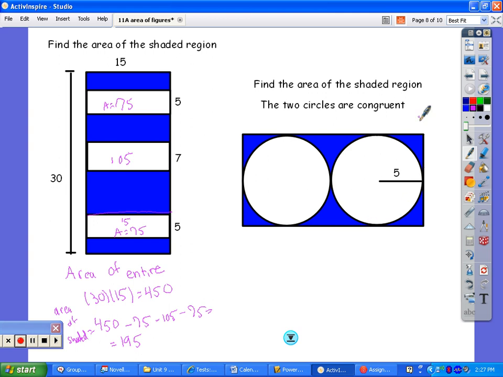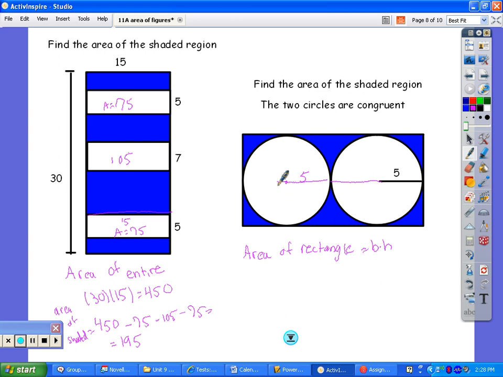This one says find the area of the shaded region. The two circles are congruent, so that means they both have a radius of 5. So again, shaded region, we take the area of the entire thing and we subtract the area of the non-shaded. The area of the entire is a rectangle, and a rectangle is base times height. Now we need the base and height.